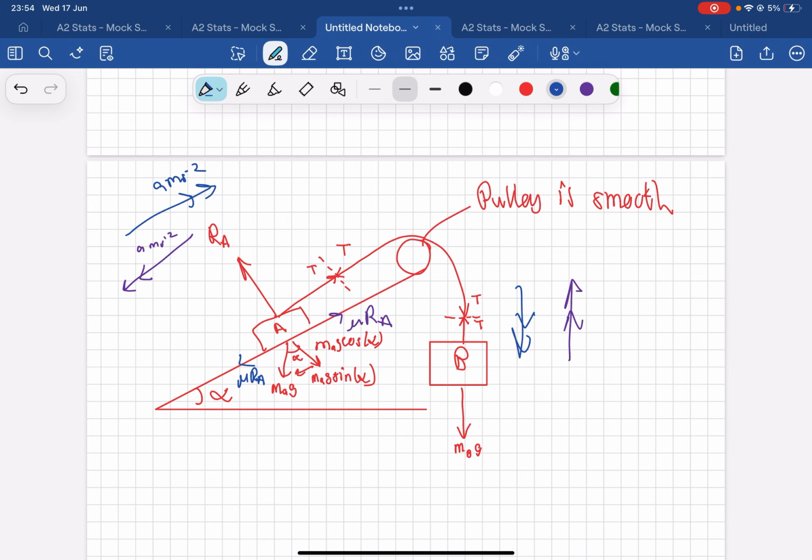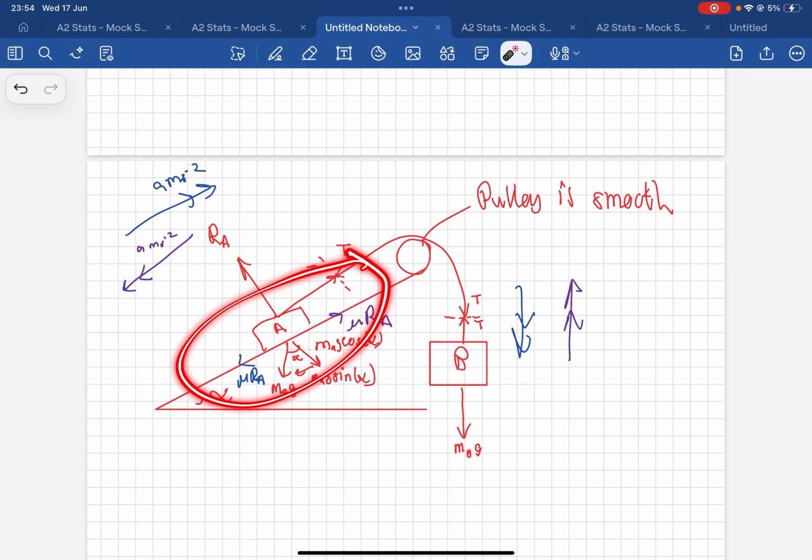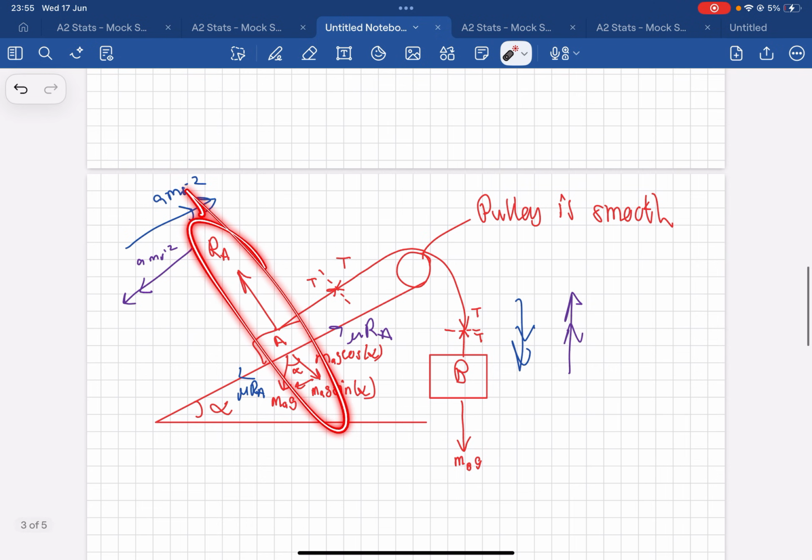When we resolve, we start off by resolving perpendicular to the slope, and parallel to the slope. Here we'd use Newton's second law because we've got acceleration. Here we can simply equate the two forces because there's no acceleration, and here again Newton's second law, and we can take either way as positive depending on which case we have.